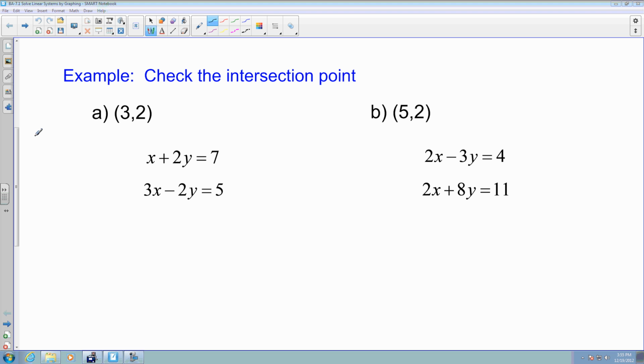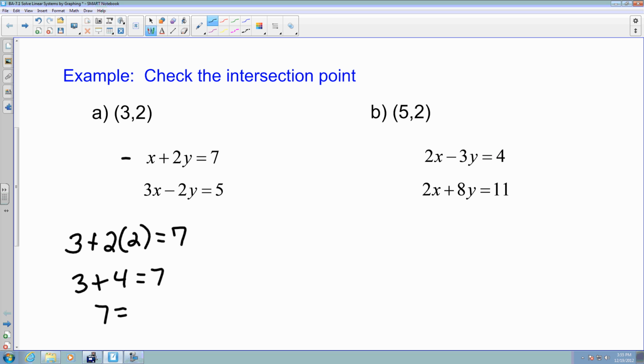How we determine that is we substitute in the value for x and the value for y and see if it holds true. Let's look at the first one. I'm going to substitute in 3 for x and 2 for y, so I have 3 plus 2 times 2 equals 7. 3 plus 4 is 7, equals 7.